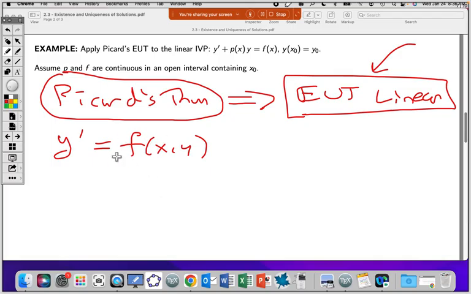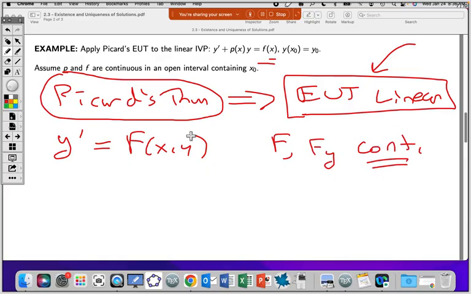Don't get too hung up on the lettering here. It just has to be any collection of x's and y's. Now, we're using the letter little f here, so we're going to change to call that big F for now. And we need to check that big F and big F_y are continuous to guarantee a unique solution.